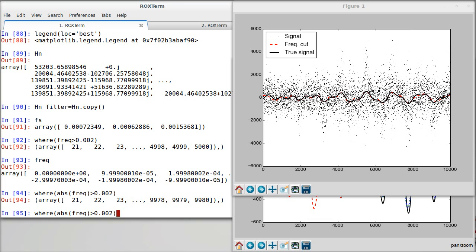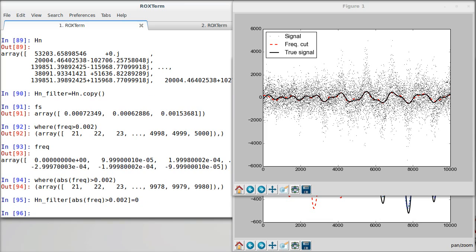Well, we can do that, again, using the where command or using what we had seen in a previous lab. If we do this, this does the equivalent of just picking out these values, and we want to cut them out. How do we cut them out? Well, we set the amplitude of them to be 0. Okay. So we've now applied a high-pass filter. We've cut out all frequencies bigger than 0.002.